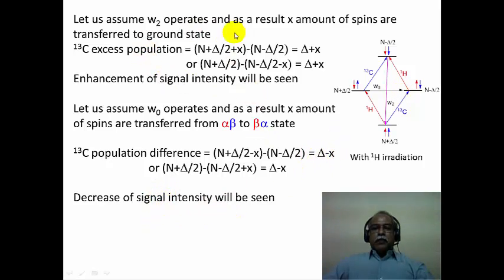This would be nuclear Overhauser effect in the reverse direction. In other words, a negative nuclear Overhauser effect is operational when W0 is operating. When you talk about carbon 13 accumulation using proton double irradiation, it is W2 which is predominantly operative. So one always looks at the nuclear Overhauser enhancement with the proton decoupling experiment of carbon 13 spectroscopy.